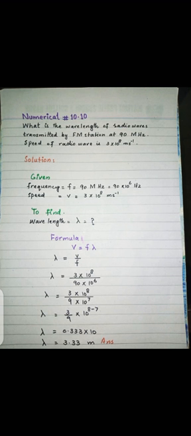When we divide 3 by 9, we get 0.3333 multiplied by 10. By multiplying the given figure by 10, we get 3.33 meter. Hence the final answer of the wavelength is 3.33 meter, which is the wavelength of radio waves.